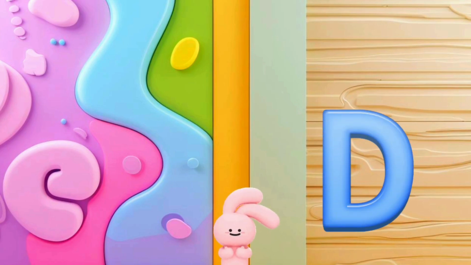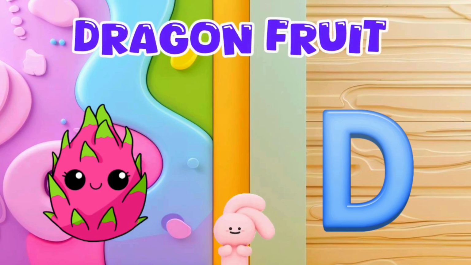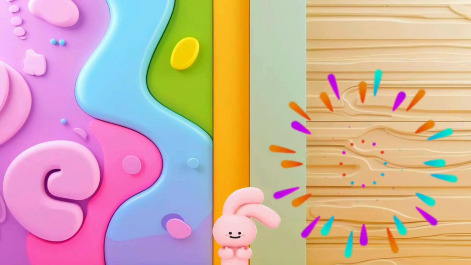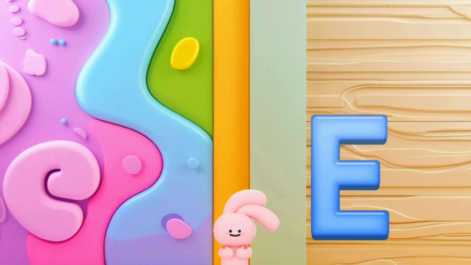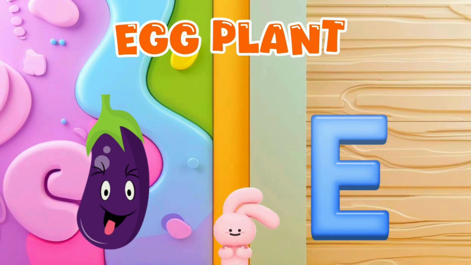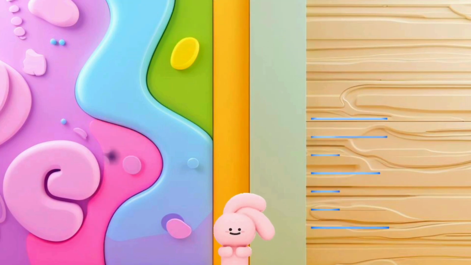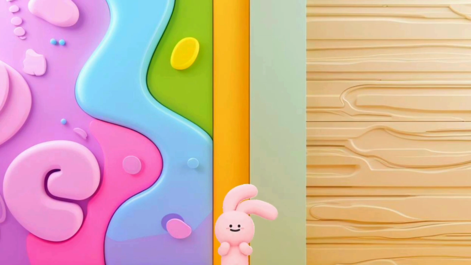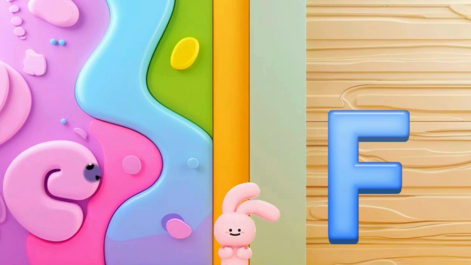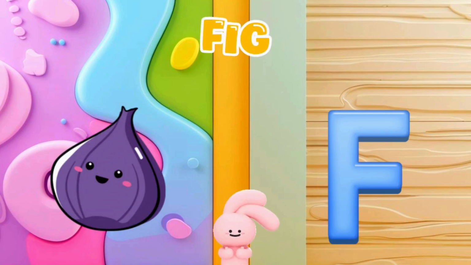D is for dragon fruit. E is for eggplant. F is for fig.